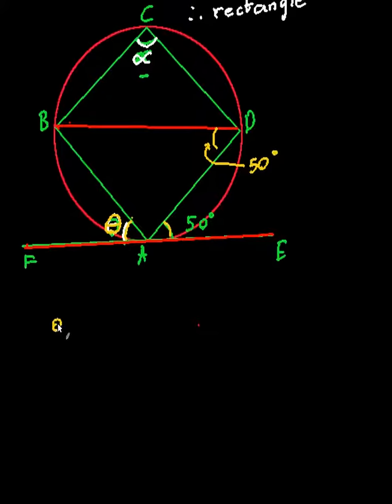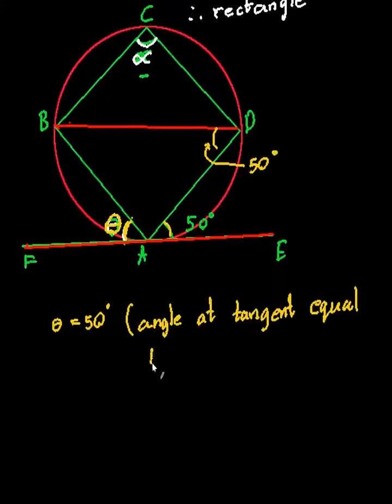The reason being that the angle that's made at the tangent is going to be equal to the angle in the alternate segment. Let me write that down. Angle at tangent is equal to angle in alternate segment.